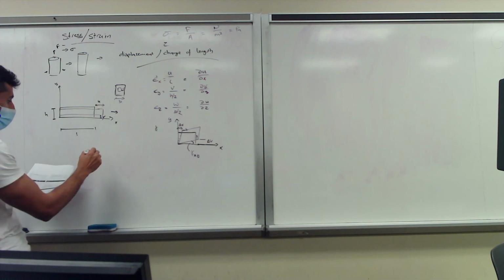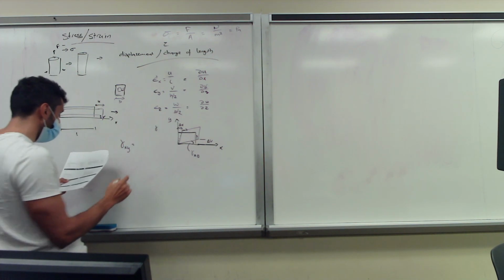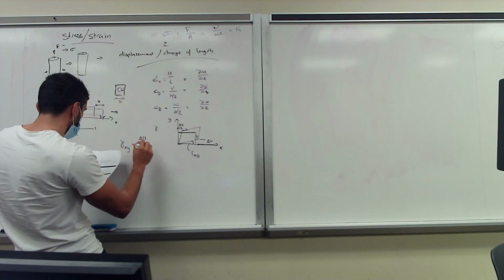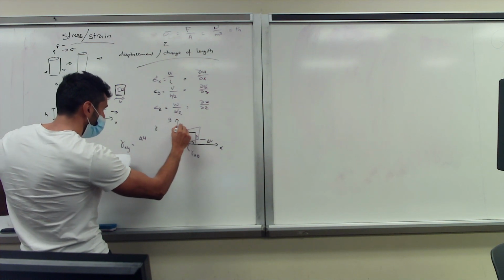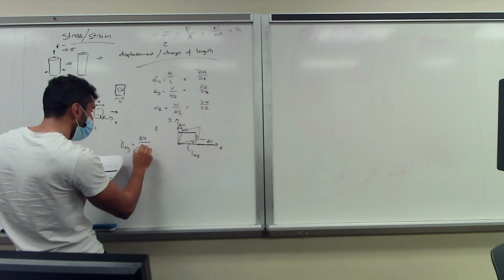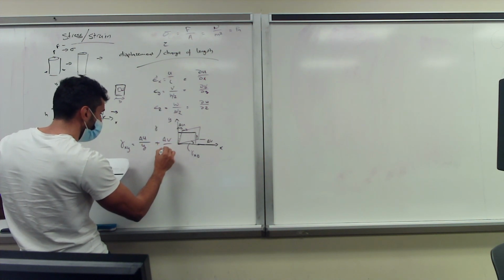So the shear strain gamma xy is equal to the change in u over the original length y, plus the change in v over the original length x.